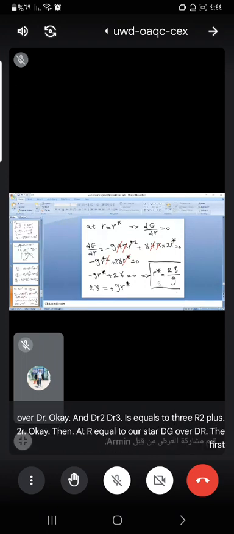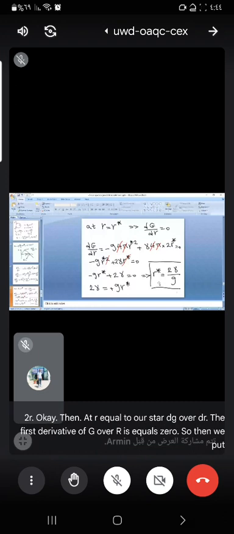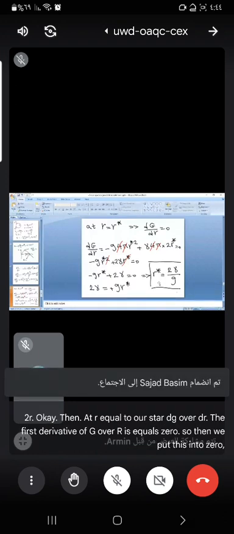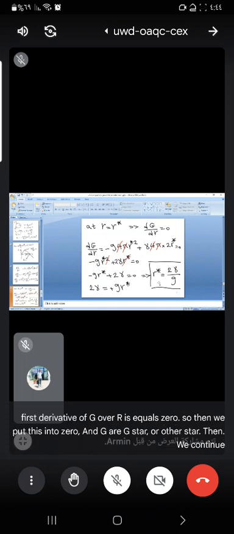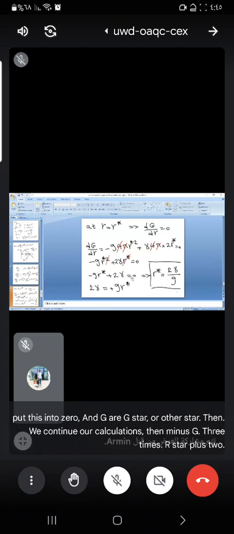Then at R equal to R star, dG over dR, the first derivative of G over R, is equal to 0. So we put this equal to 0 at G star or R star. Then we continue our calculations. Then minus GV times R star plus 2 gamma equals 0.